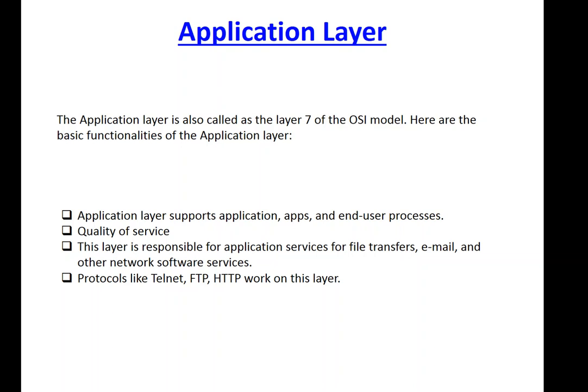Application, the last one. The application layer is also called layer 7 of the OSI model. The application layer supports applications, apps, and end user processes. The name itself says application. Like when we type www.google.com, we are actually using this layer.